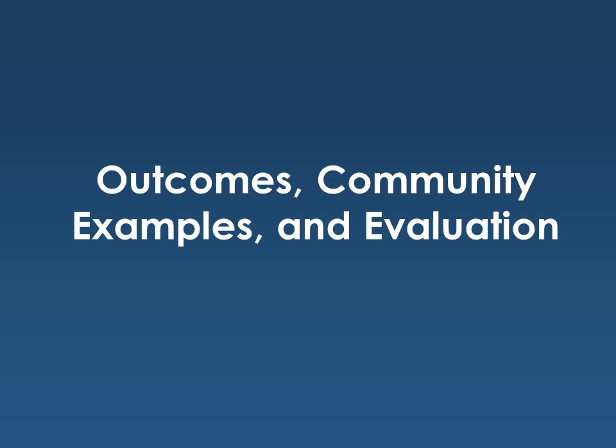A piece on supportive services, which will talk about how and where to provide services effectively under a rapid rehousing model. And a final piece on outcomes, which explores data supporting the effectiveness of rapid rehousing and also provides community examples that have successfully implemented the rapid rehousing model.